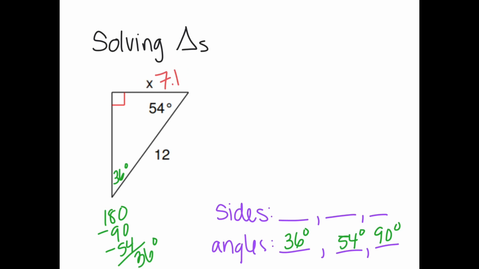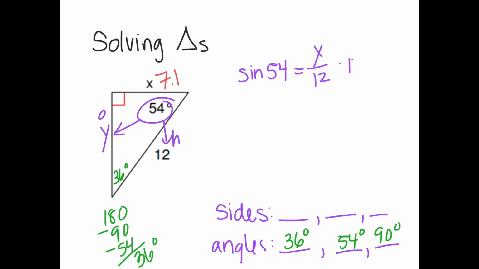I'm going to go ahead and label this side over here as y. I'm going to use the y as opposite, the 12 as the hypotenuse, and I'm going to use sine of 54 equals opposite over hypotenuse, and I'm going to multiply both sides by 12. And that's going to give me my value for y. Y equals 9.71.